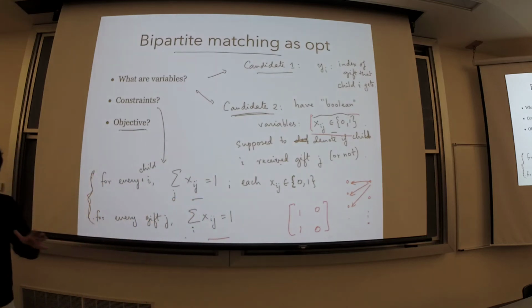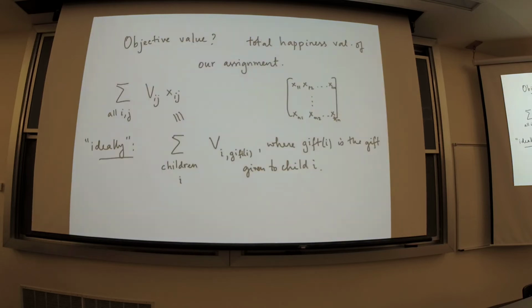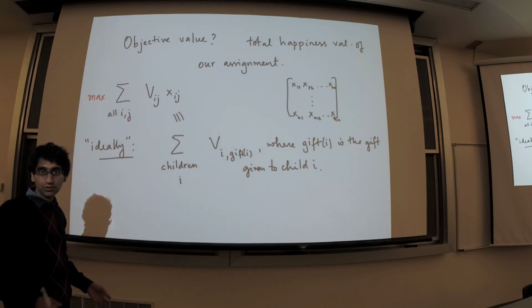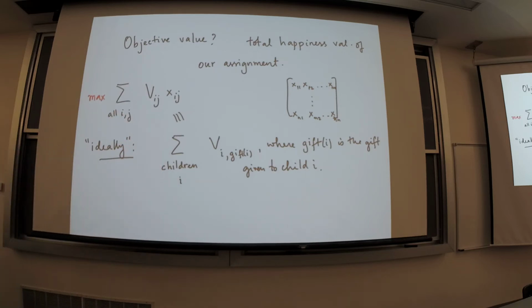You feed them to this black box optimization solver, and you say you try to maximize this quantity subject to all of those constraints. The black box does its thing. We don't really care for now what it does, and it produces some values of x_ij.